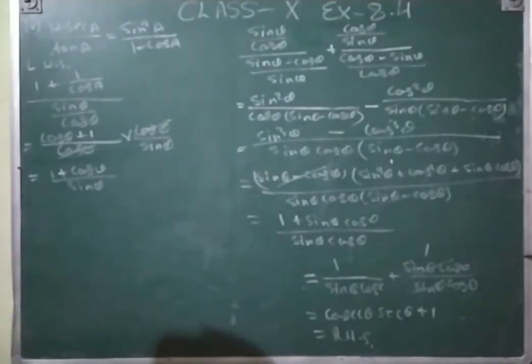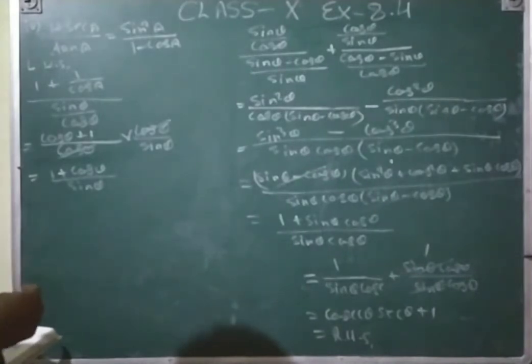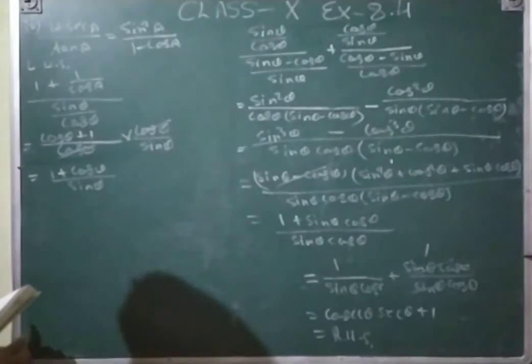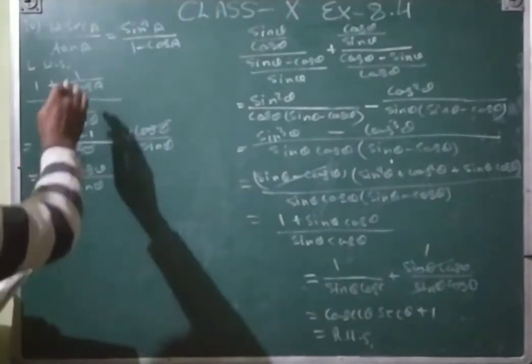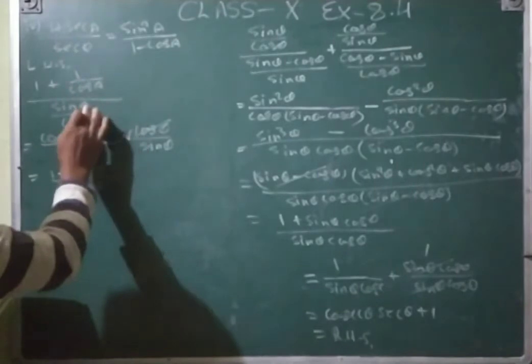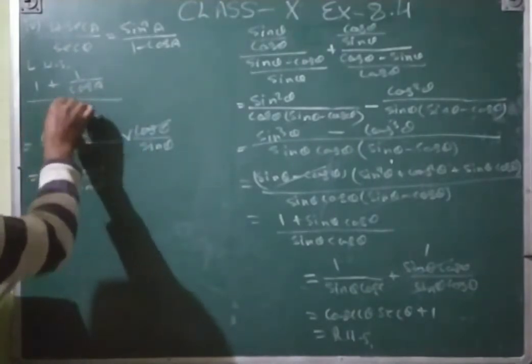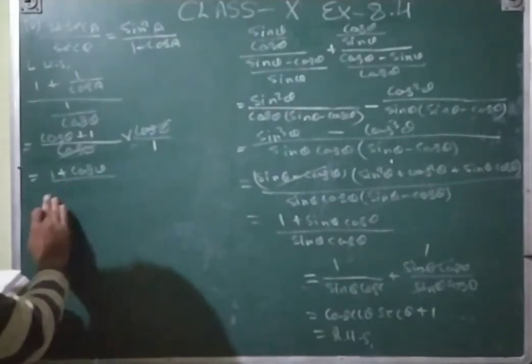1 plus, that will be. Now what we can do here, tan theta cos theta, that will be. Now what we will do here, wait, I have written something wrong, that is sec theta, so that will be also 1 upon cos, that will be upon 1, so there will not be anything left.